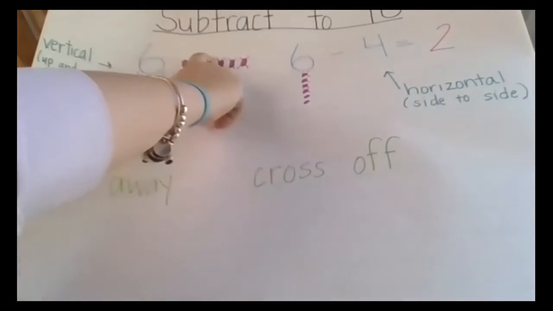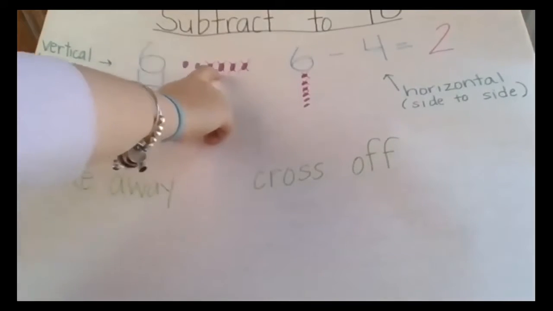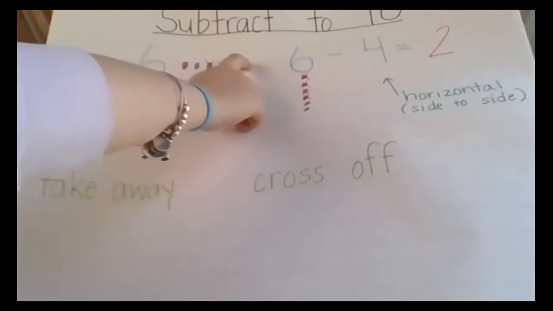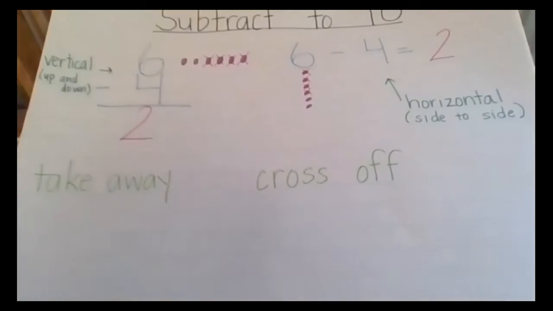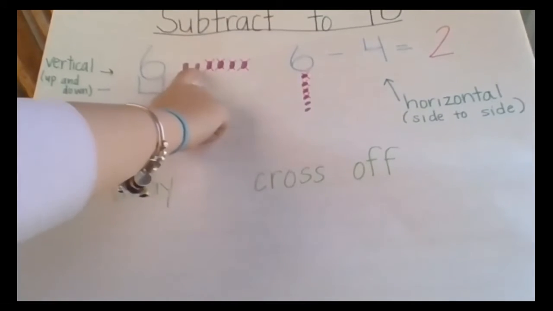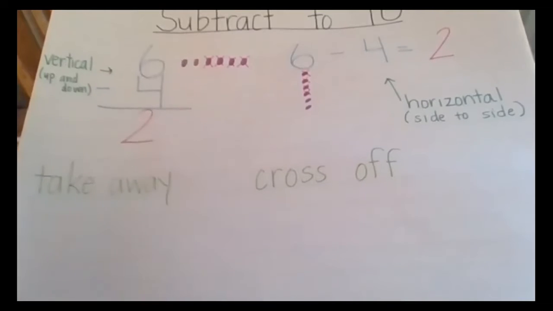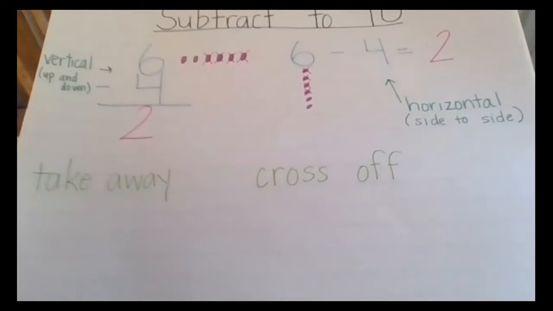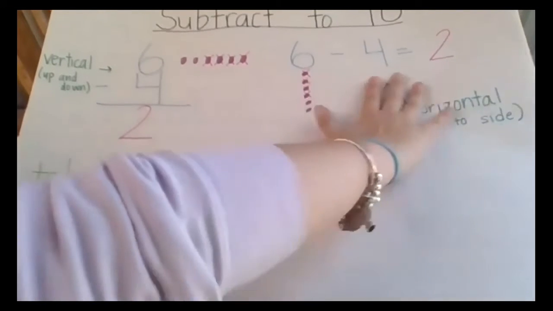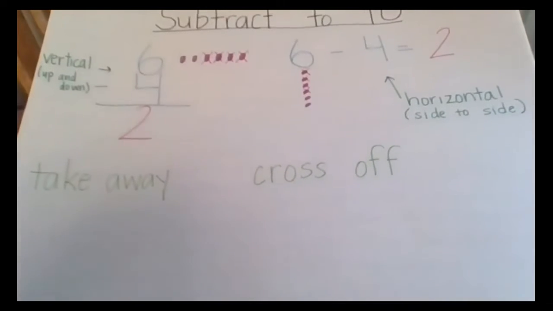I'm going to count to 4. 1, 2, 3, 4. Now that I've crossed out 4, to find my answer, I'm going to count which ones don't have an X on them, okay? So I have 1, 2 that's left over, all right? Left over.